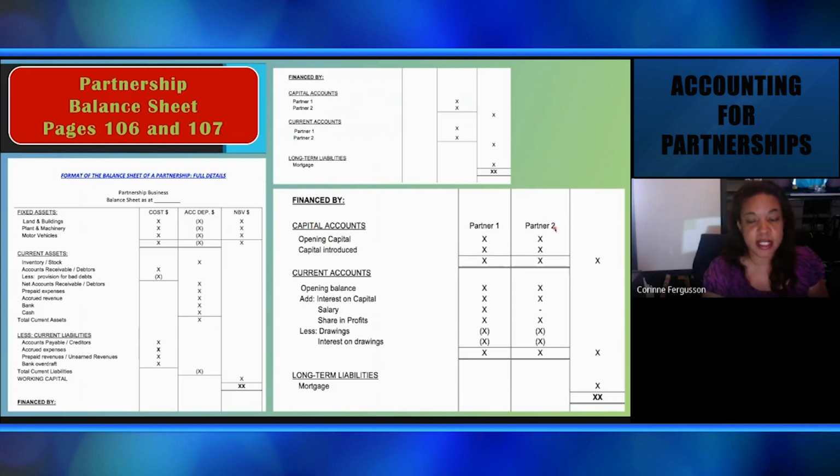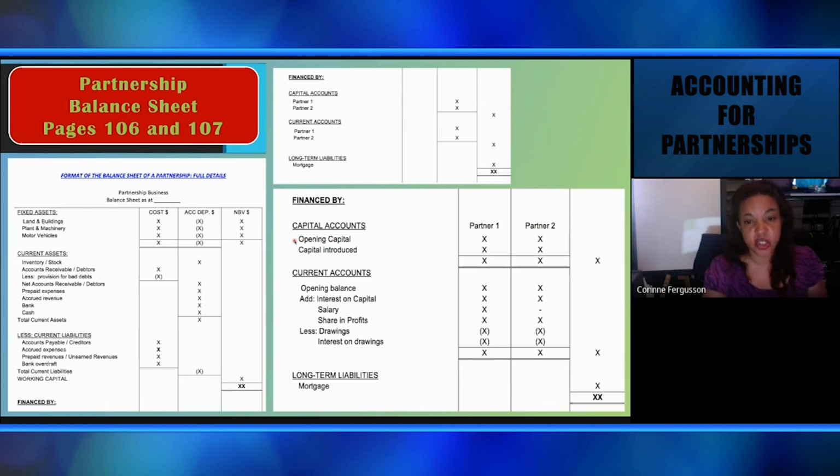Now you'd realize this one, I think it is absolutely necessary to use the columns, because if you didn't, this would be way too long, right? It would take up way too much space and way too much time constantly repeating the partner's name. So you would just use the columns, write the partner's name once, and then your details.